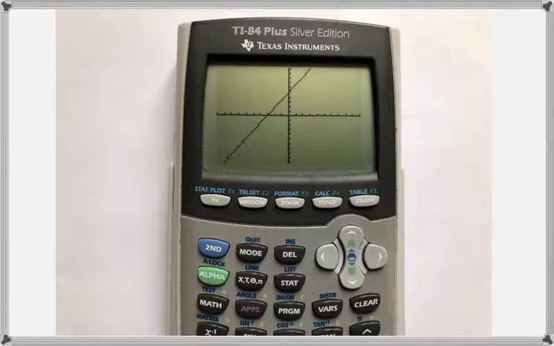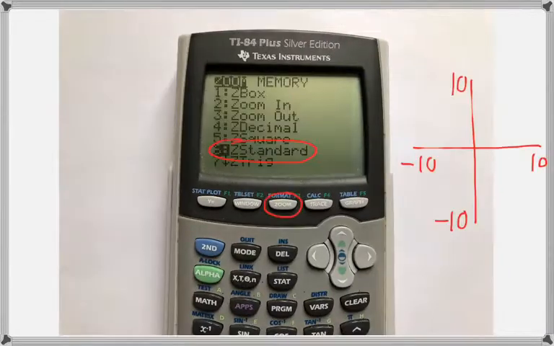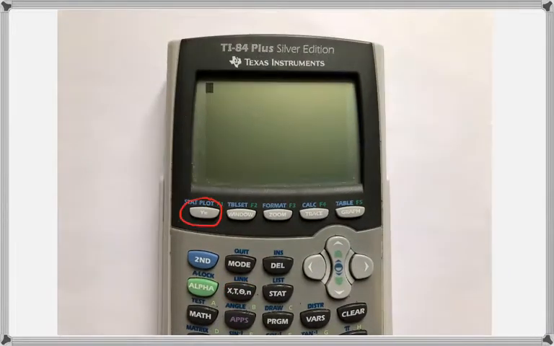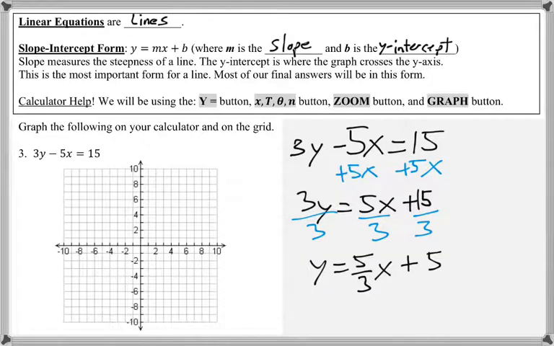So this is what our graph looks like, and each tick mark stands for 1. So this crosses the x-axis at -3 and the y-axis at 5. So let's go back and graph it.